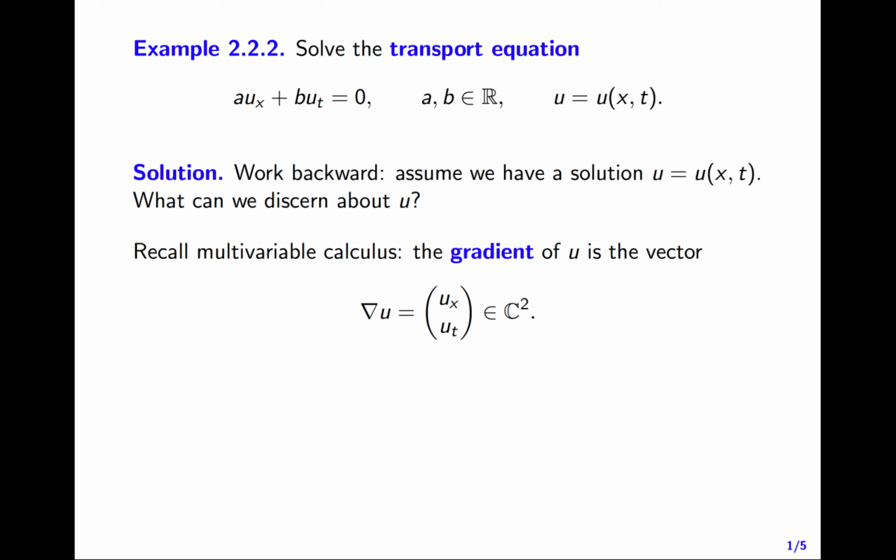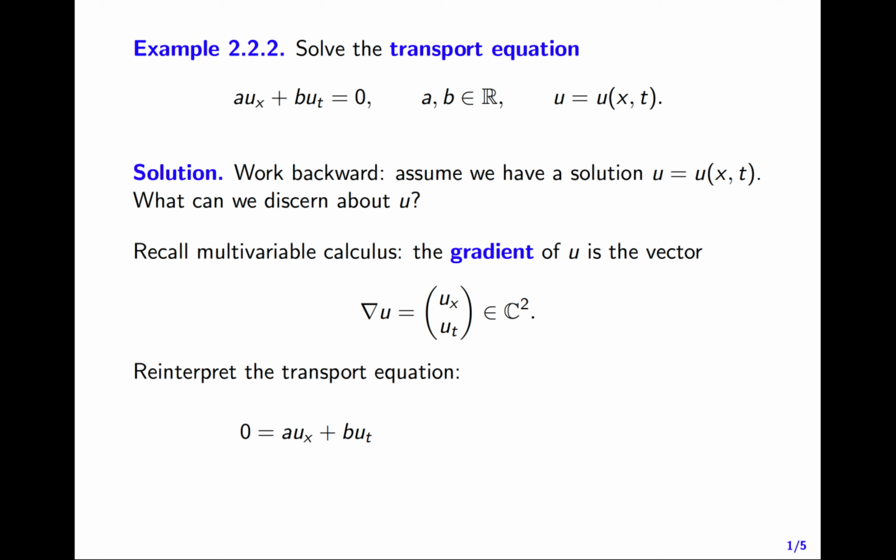The first thing to do is to recall something from multivariable calculus that we may not think to recall unless we had read the solution in advance. Remember, the gradient of u is the vector with ux in the first slot and ut in the second slot. Now we'll reinterpret the transport equation. So 0 is a ux plus b ut.